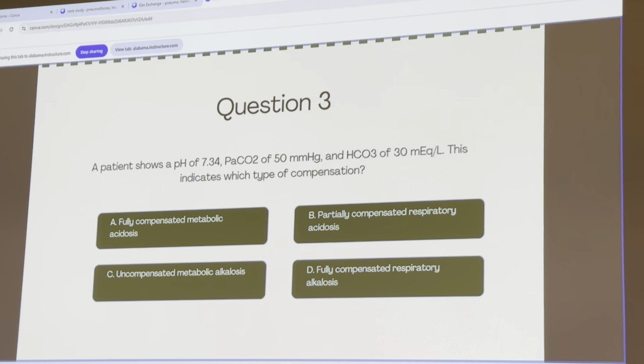Partially compensated respiratory acidosis. Okay, B, partially compensated respiratory acidosis. Everybody agree? Okay, good.